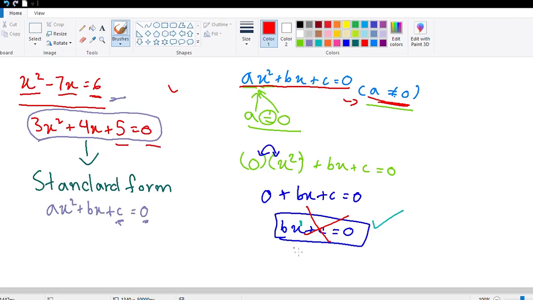And over here, the variable power is 1, not a square. So that's what we're talking about. So this is how to write a standard quadratic equation, and that part right there, which is a is not equal to 0. So next, we're moving on now.